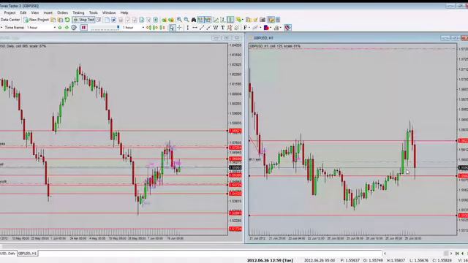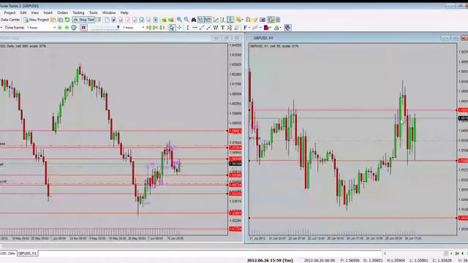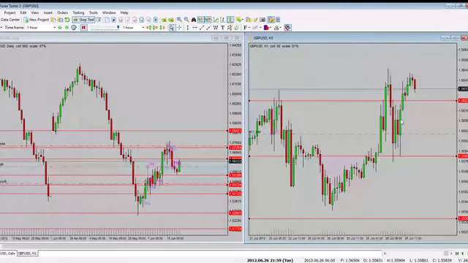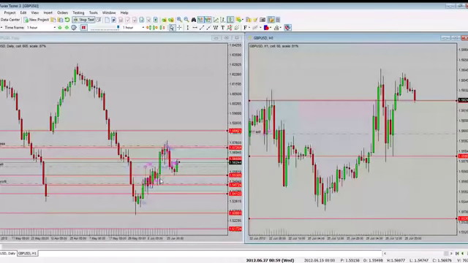We are still sideways. So it went and tested the back side of that. So that did a back test of that. And still going sideways here. Okay. So now we have another daily candle close here. What are we looking for next?